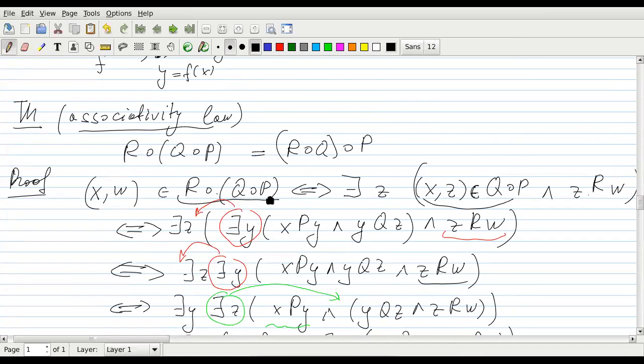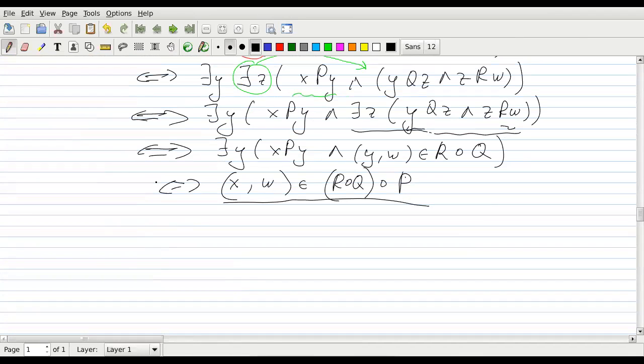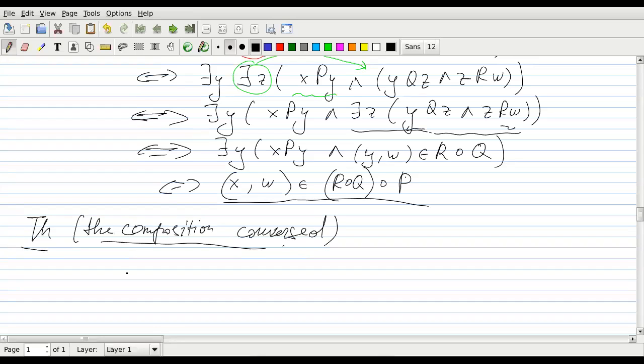Another statement is about the converse of the composition. Another theorem. So the converse of the composition, or conversed. This sounds better. What is the converse for the composition?